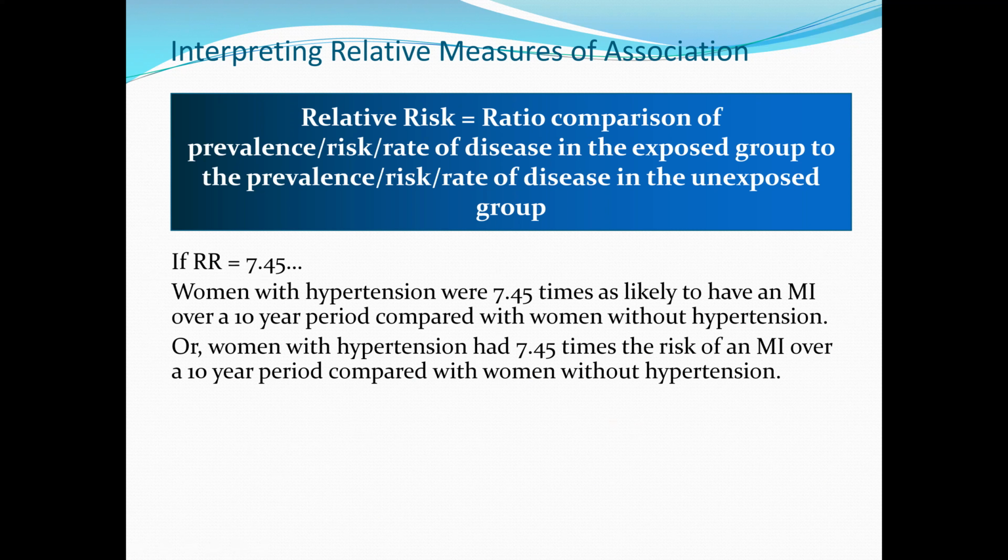So what is the excess relative risk if relative risk is 1.0, 2.0, 1.6, or 0.5? In this case, 1.0 means excess relative risk is 0. Remember, it's a ratio. So if I divide two things and my answer is 1, it means they are the same.